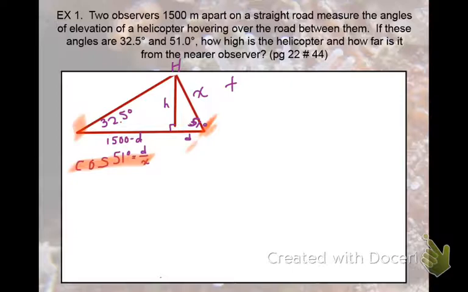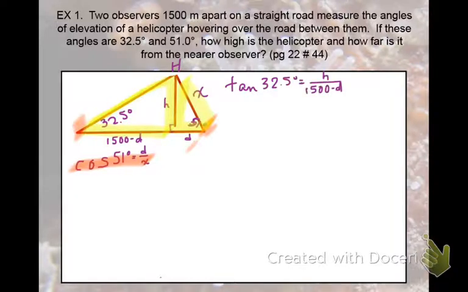So we notice that the left triangle has trig ratios that we can write in terms of h and d, and so does the right triangle. So we think we can write two equations, two unknowns, and let's go ahead and do that and see what comes of that.